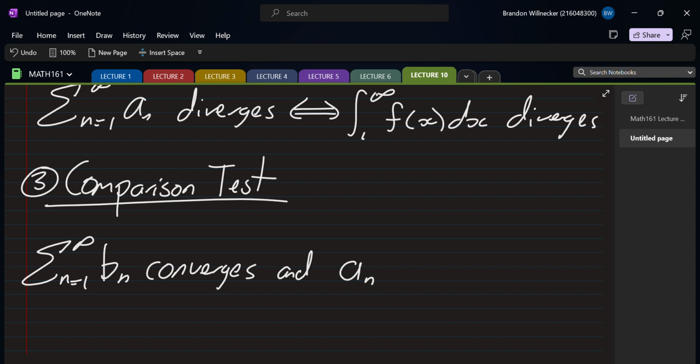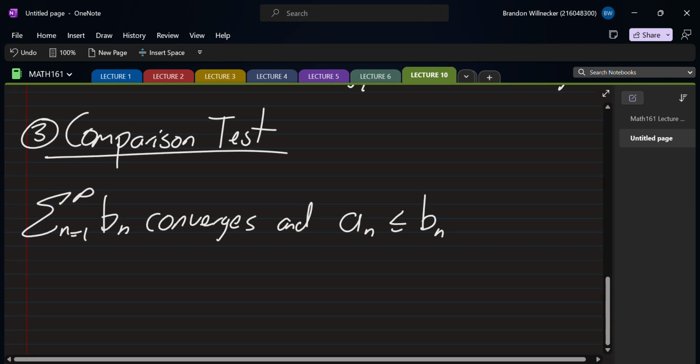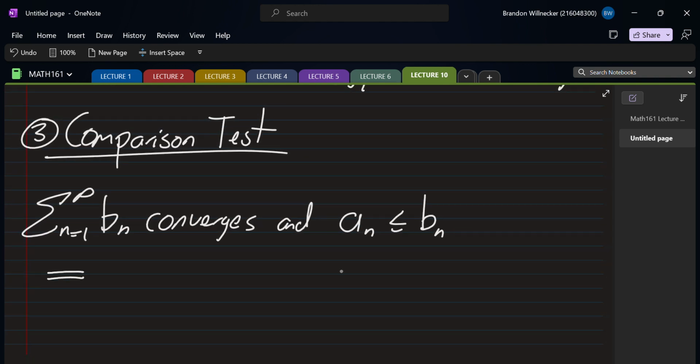And an is less than or equal to bn. Okay, so this is how we do our comparison. So an, that's the one we're testing. Bn, that's the one that we know. Then we know that the sum from n equals 1 to infinity, an, also converges.